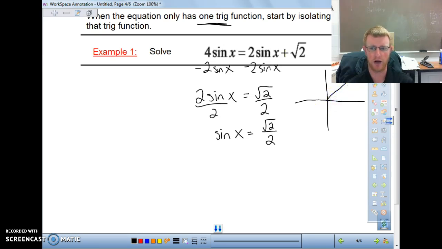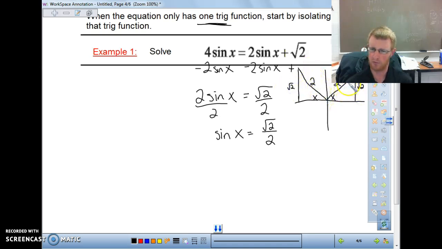So I draw a triangle in the first quadrant, because that's where sine is positive, and I draw a triangle in the second quadrant, because that's the other quadrant where sine is positive. I can label my triangles square root of 2, because that's the opposite side of x. We're going to put x's here. And then we're going to put 2 on our hypotenuse, square root of 2, and 2.